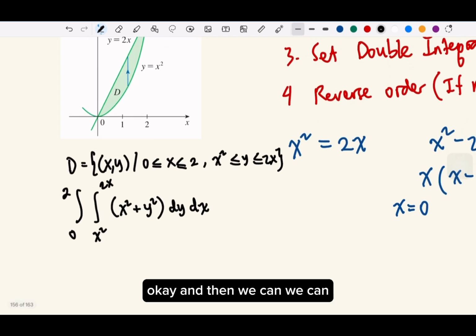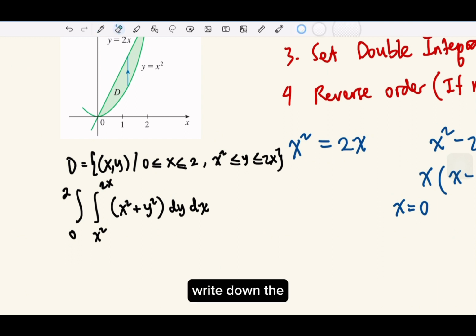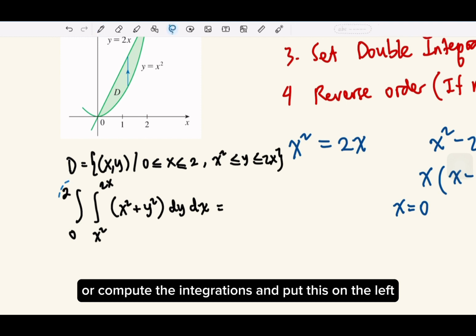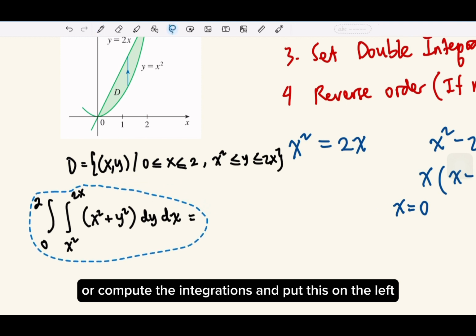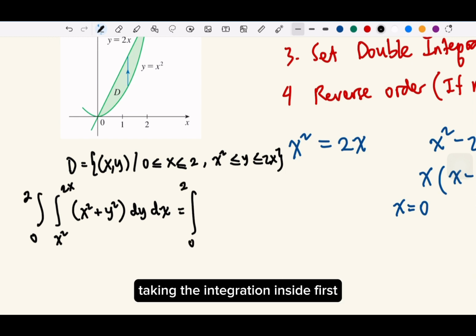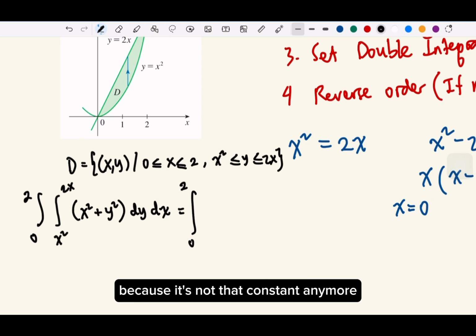Okay. And then we can write down or compute the integrations. Let me put this on the left. So we start by taking the integration inside first, and if you are changing the integrations, you need to be careful because it's not a constant anymore.